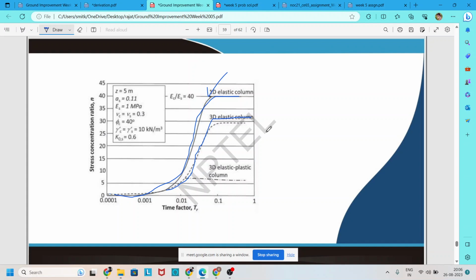Further, some researchers consider the non-linearity of the soil, and again this chart is reduced, and they also consider the lateral deformation, and again this chart is used, and it is given by the 3D elastoplastic column.